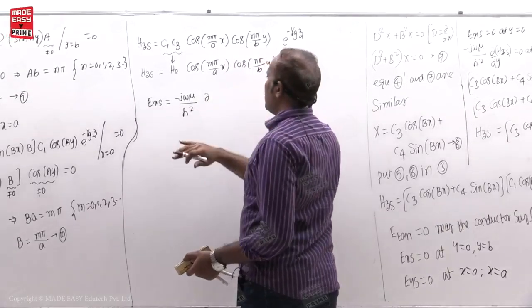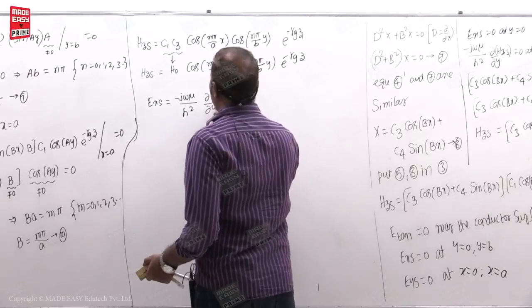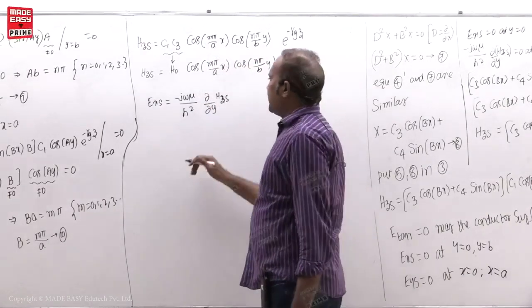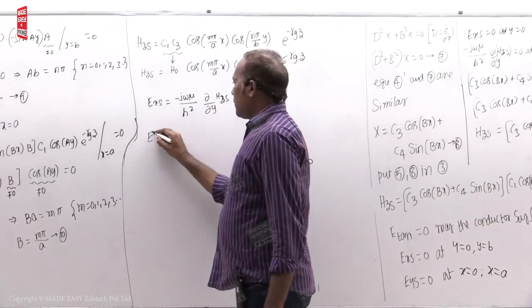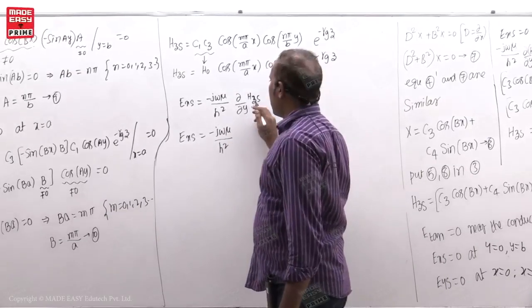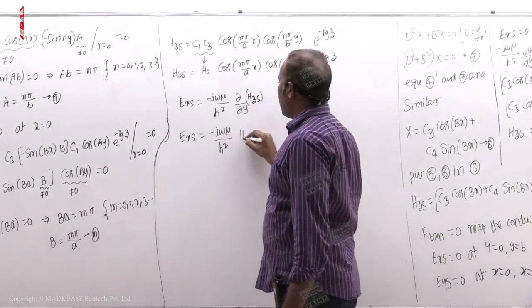With respect to y, you have to differentiate. So anyway, I will write ∂/∂y of Hzs. Okay. Now Exs is equal to minus jωμ/h², and ∂/∂y means you get here H0.